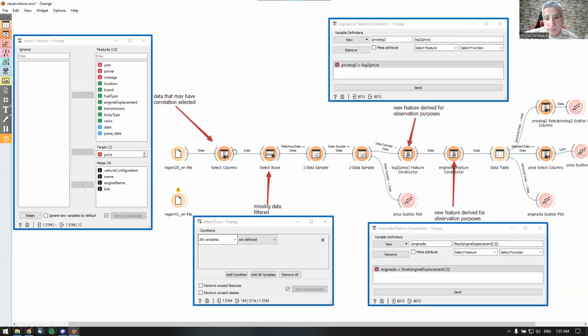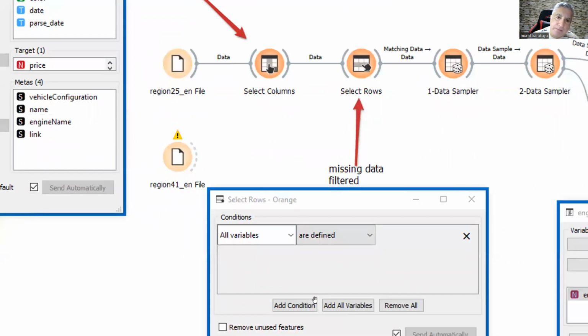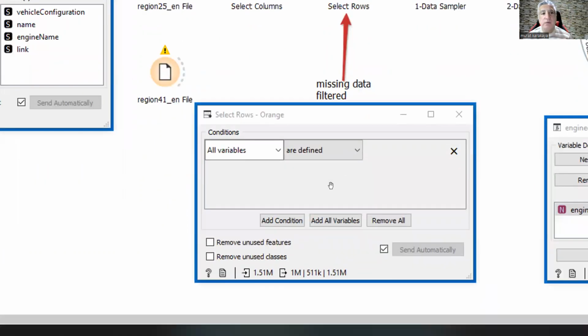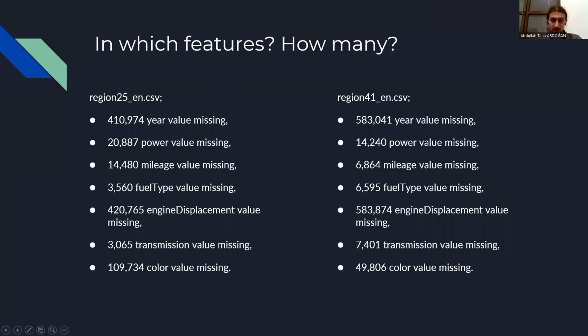As I said, we only work on the region 25 file because the data is too large to process on our machines. So only region 25 data. Okay. Now please go one back. Okay. Now, Yağmur.